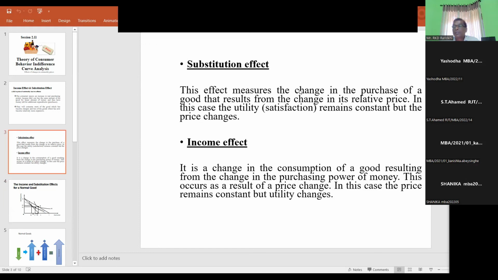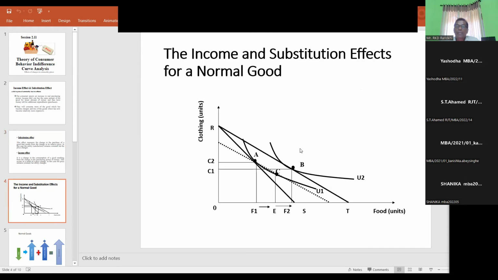Then you had better go to chapter 8. What is the substitution effect? What is the income effect? And then the income and substitution effect for normal goods. Through indifference curve analysis, we can measure the two effects, the substitution effect and income effect, right?